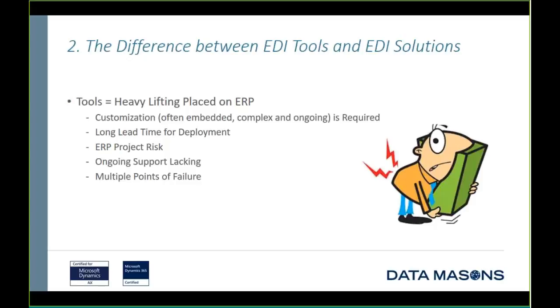And you can definitely code your way to some level of a solution. But that coding compromises your ability to move forward and puts more burden on the ERP to do things that it wasn't really intended to do. So the customization can be very complex. If you're going to write your own, it's going to take time.